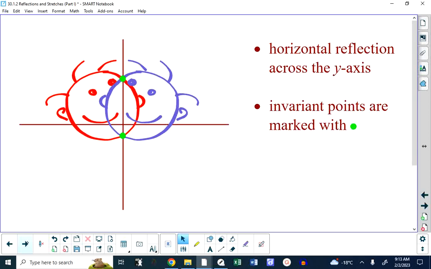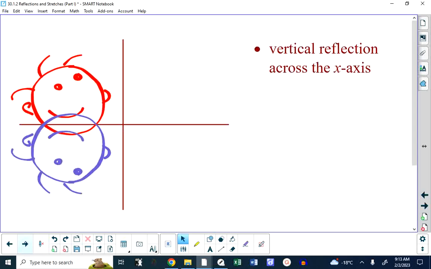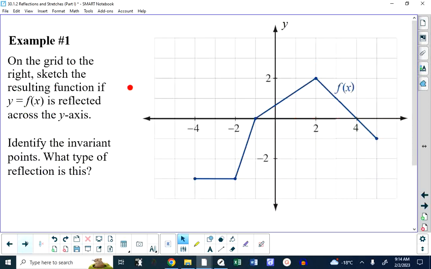So if something to the left of the y-axis moves to the right, and anything to the right moves to the left, then it makes sense that on the y-axis won't move. It's an invariant point. If I reflect this same image, or a different location now, but I reflect the same kind of happy face vertically, I can see that some points went from above to below, some points went from below to above, but I have invariant points. So this is showing you the concept of an invariant point.